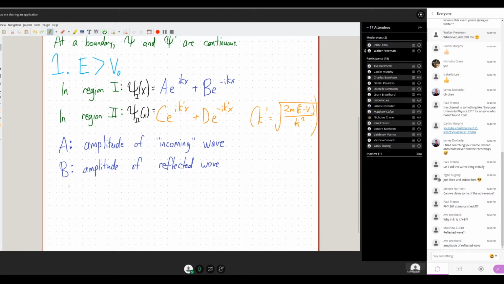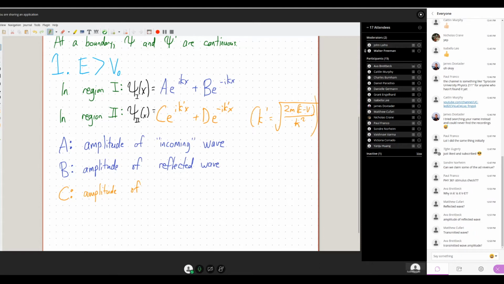Continuing that logic, what is C? The transmitted wave. And what is D?